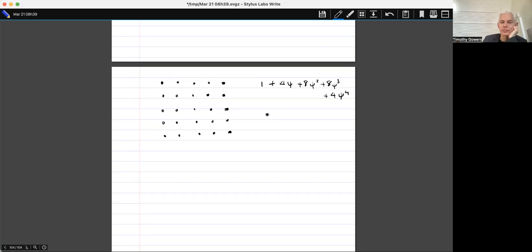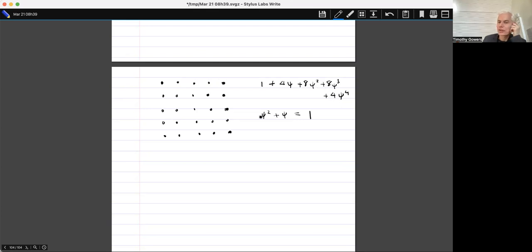But now things are slightly different, because instead of having phi squared equals phi plus 1, we have psi squared plus psi equals 1. So this 8 psi squared plus 8 psi cubed is 8 psi times psi plus psi squared, so it's 8 psi. But that actually doesn't help me simplify.